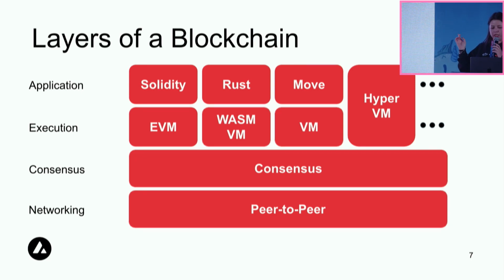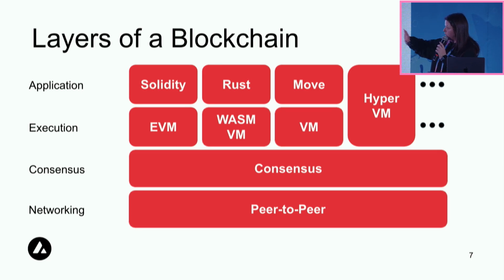When we look at the Avalanche blockchain, you have the peer-to-peer layer, the consensus, and as well the execution level, where you can launch different subnets, each of them having their own execution environment or their own virtual machine. On top of that, at the application level, you can do whatever you want.